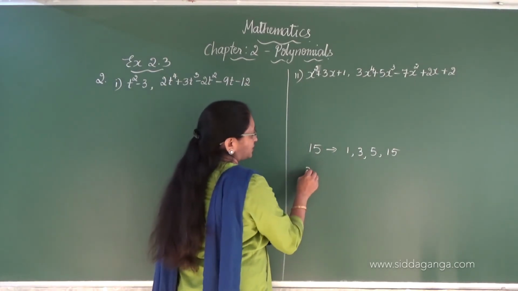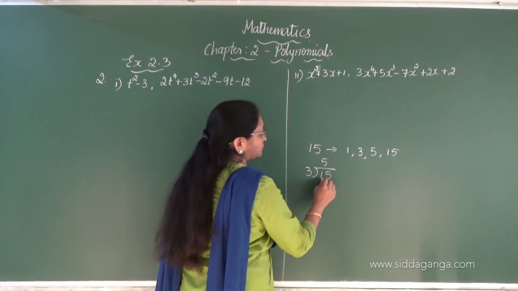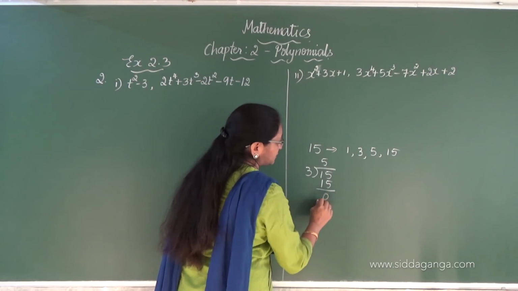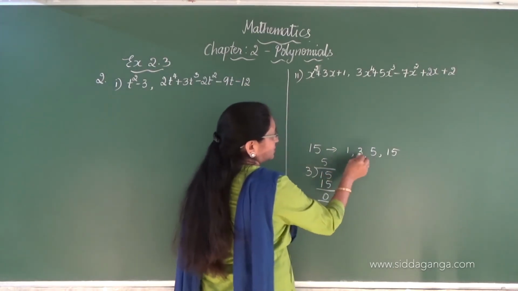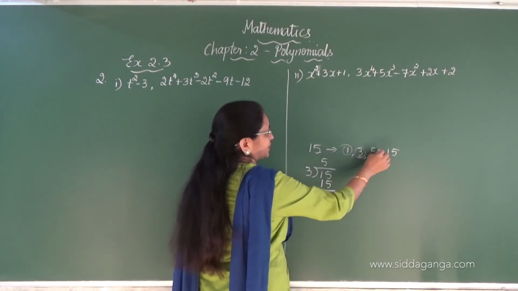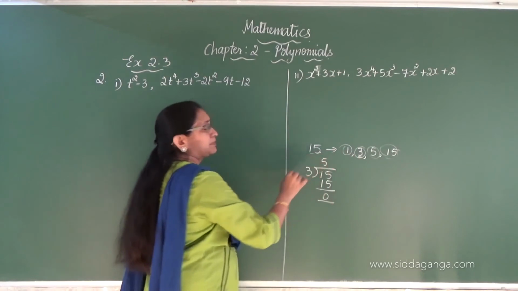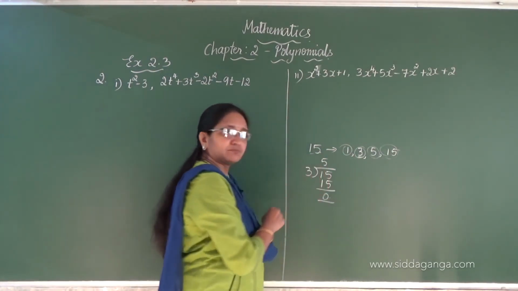If I take 3 and divide 15, 3 fives are 15, so the remainder will be 0. Means if you divide 15 by 3 or by 1 or 5 or 15, it completely divides 15. Means the remainder will be 0.